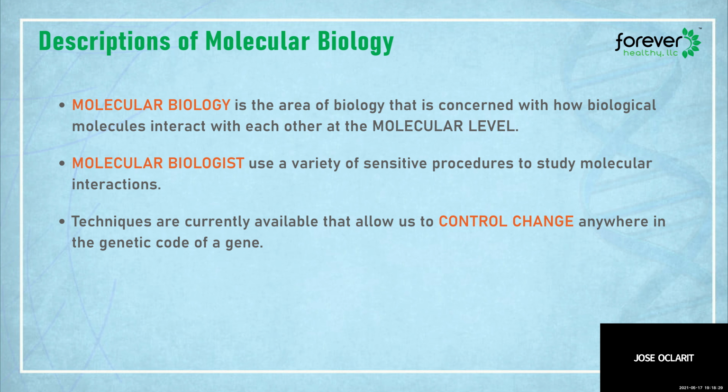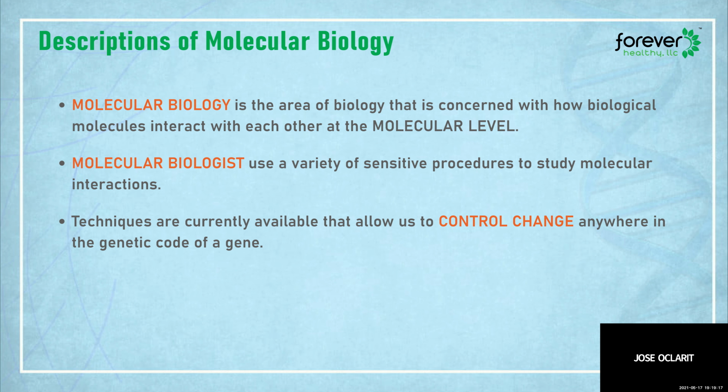Molecular biology describes techniques that are currently available that allow us to control genetic chains anywhere in the genetic code of the DNA of a particular organism, including human beings. So we can now control the expression of the genes in the DNA of all our cells. That's why our product stands as a molecular manipulator or a molecular intervention against the background of our cellular interactions and functions.